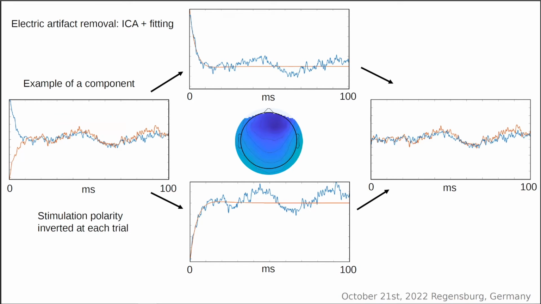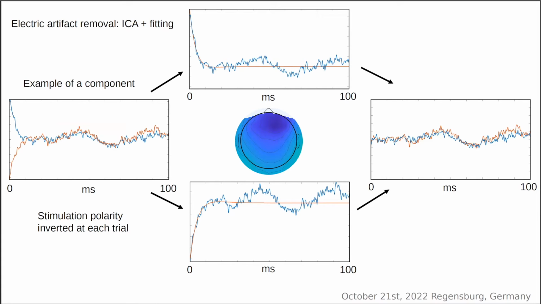So what we did in our sham study is that if you want to do electrical stimulation on the skin of the head, then I always suggest to have reversed stimulation polarity, because the assumption is that the cortical activation is going to be the same, but the artifact is going to be opposite.